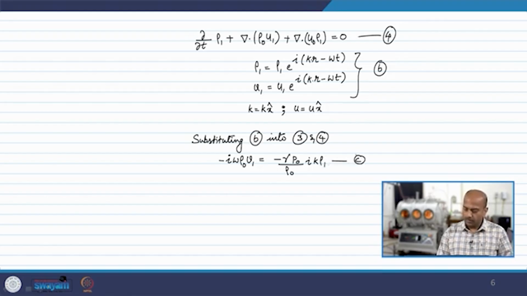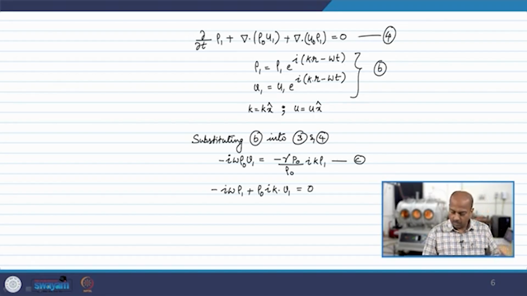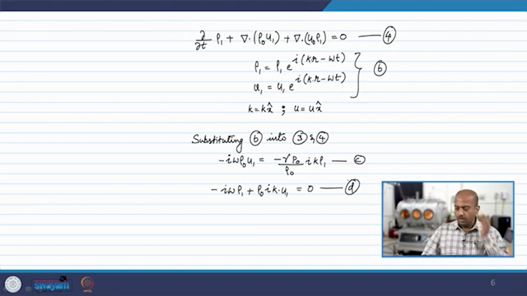We call this as C. The continuity equation will be iω ρ1 + ρ0 i k v1 equals 0. Let's call this as equation number D. So, after substituting the sinusoidal solutions, we have these two equations.